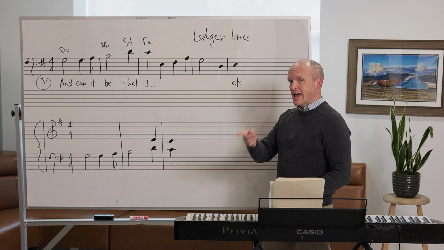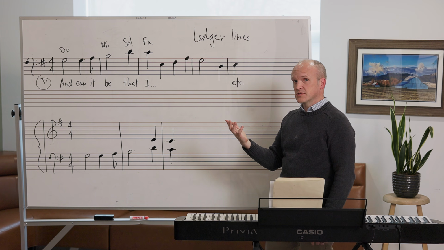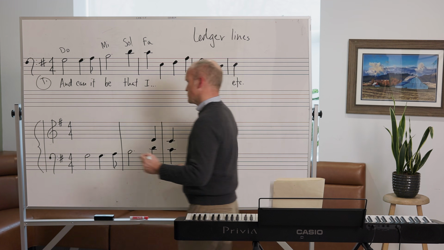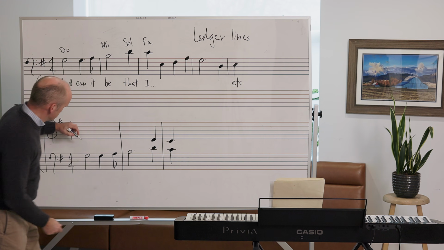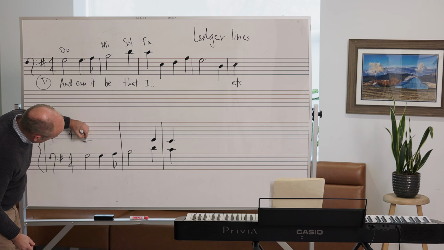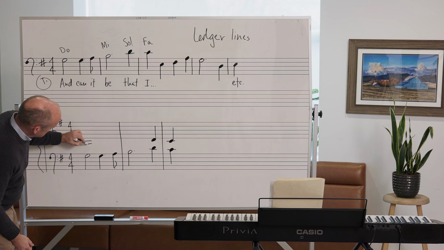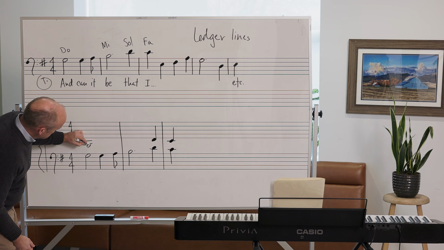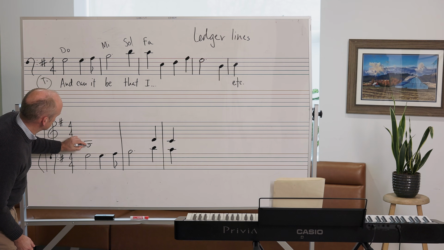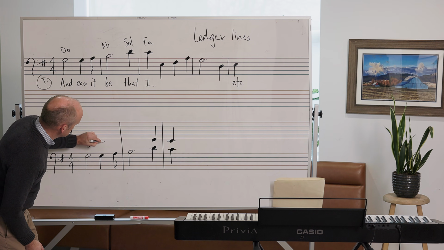It is, and by doing that, we're going to invoke some ledger lines. So here, I'm going to show this same do down here. I'll do this quickly and as neatly as I can.